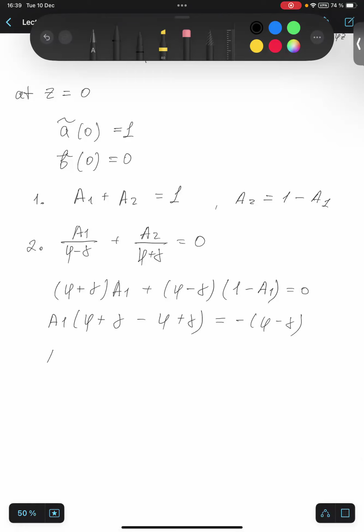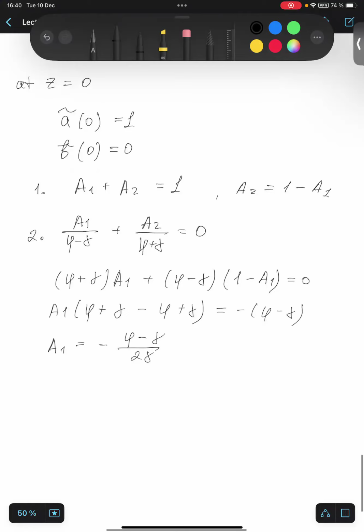So in this case, we'll say that A1 equals minus (phi minus gamma) divided by 2 gamma, and A2 is just (gamma plus phi) divided by 2 gamma.